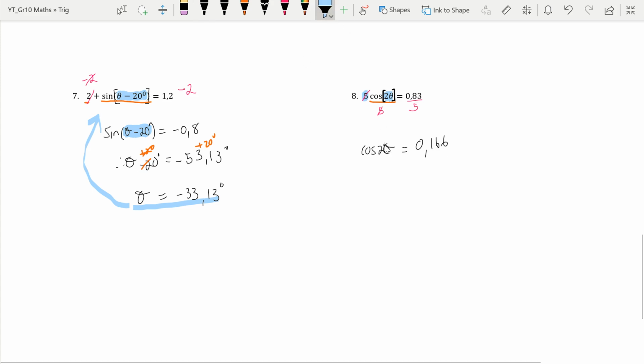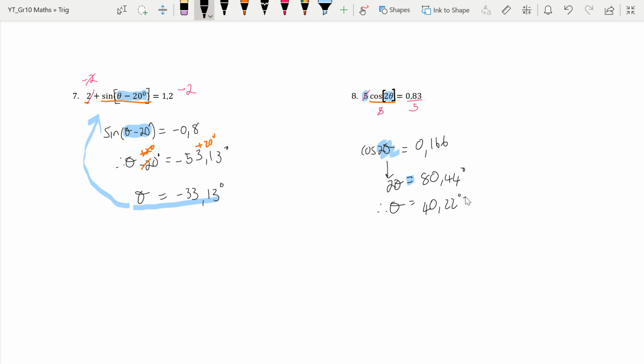We just tell the calculator shift cos 0.166, and then the calculator spits out that whole angle for us. This whole angle is equal to 80.44 degrees, the whole angle. And then we divide it by 2 to get what theta is.